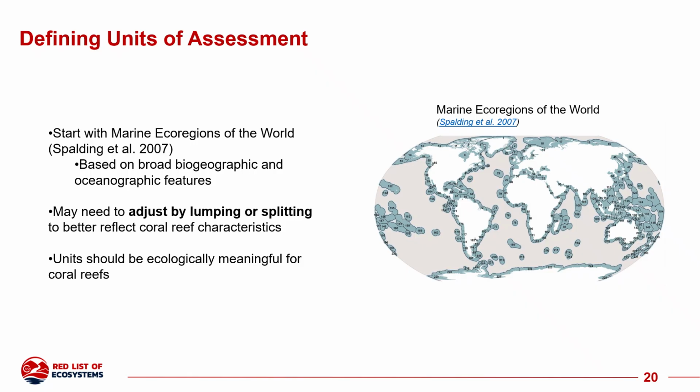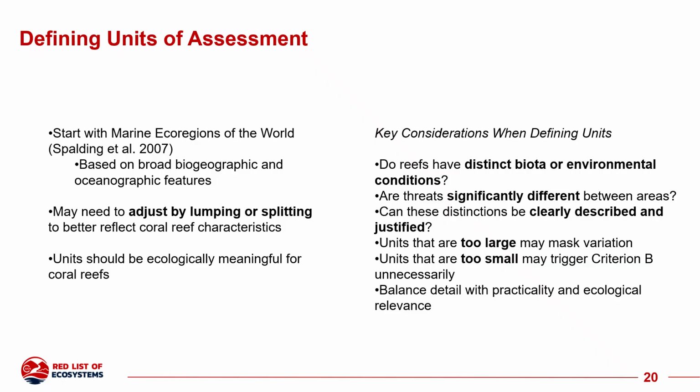When determining whether to adjust the default ecoregions, ask yourself, are there unique biotic communities or environmental conditions that set them apart? Are there oceanographic processes like large currents or rivers and other large features which create natural boundaries? Do the coral reefs in this area face distinct threats compared to neighbouring areas?